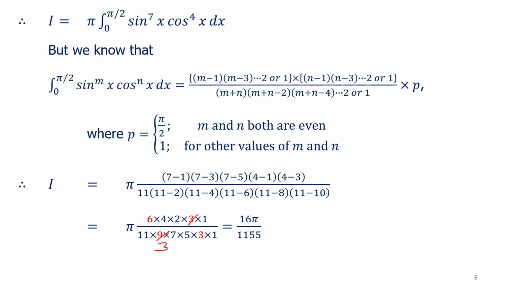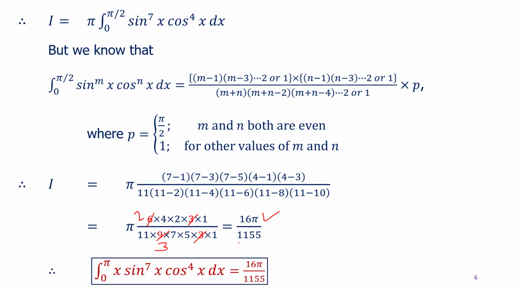Again, 3 times 1 is 3, 3 times 2 is 6. So in the numerator, what we are getting is 2 into 4 into 2, which is 16 pi. And in the denominator, 11 into 3 into 7 into 5. If we multiply all these values, we get 1155.